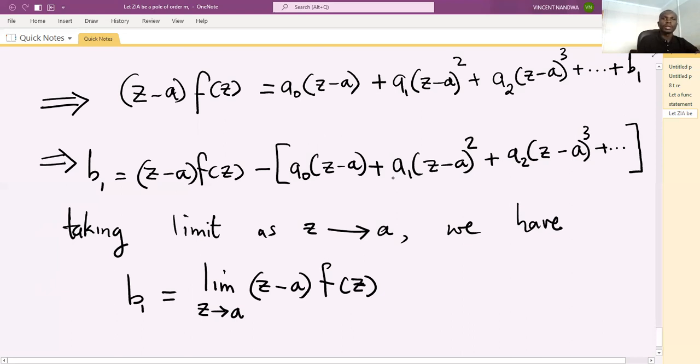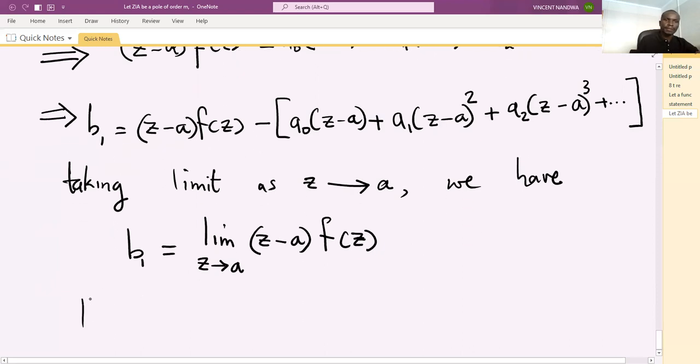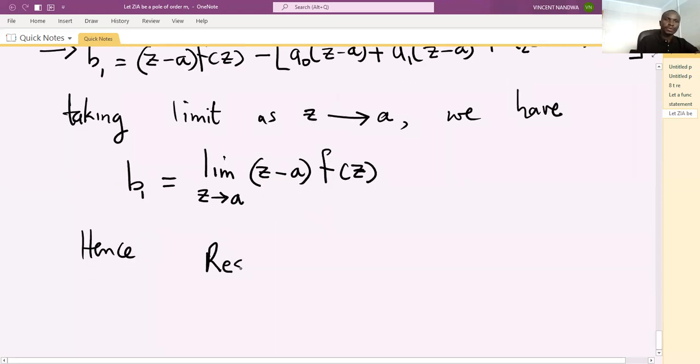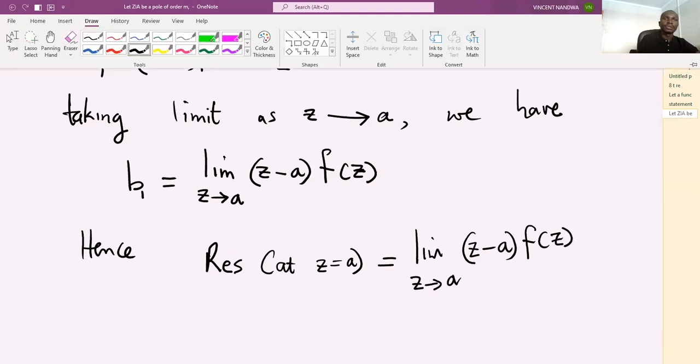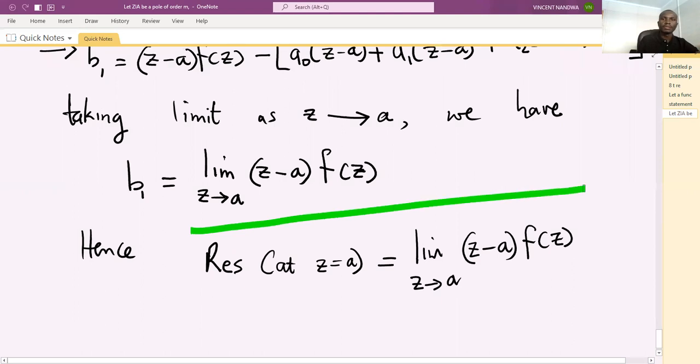Hence by definition, residue is actually just b1. So residue at z equals a is given by limit as z approaches a of z minus a times f of z. This is the proof of that given formula.